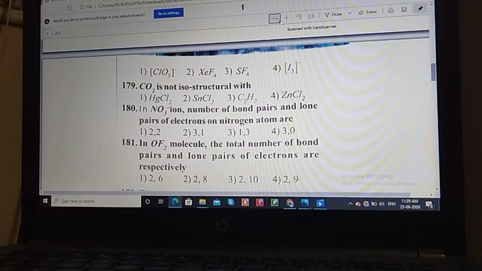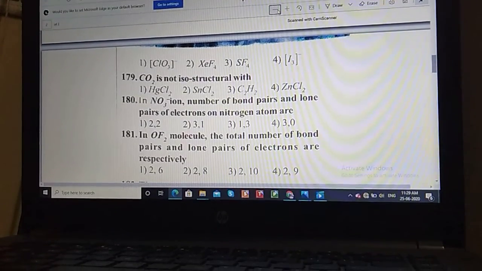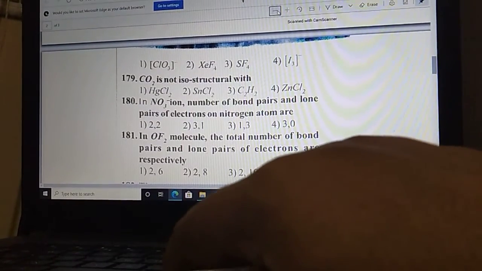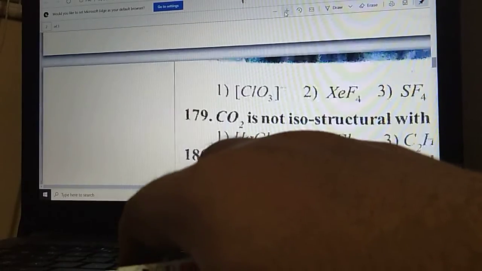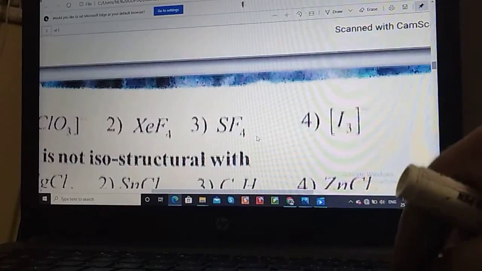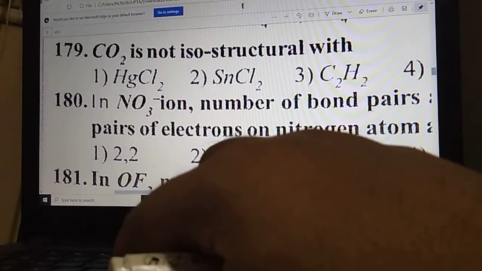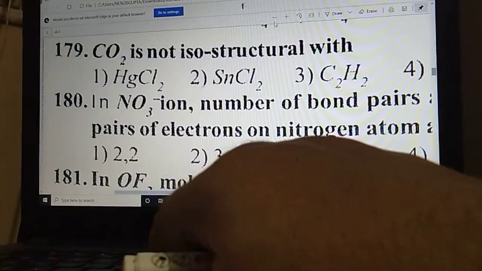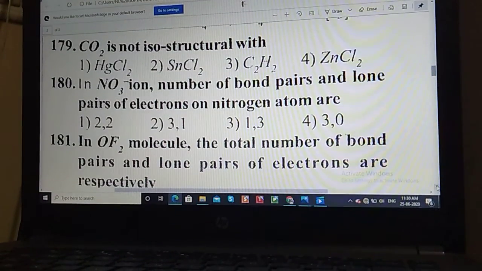Now let us move on, student. You can move to question number 180. Sorry, let us shift the slides, student. 179 is over, so now let us see 180.